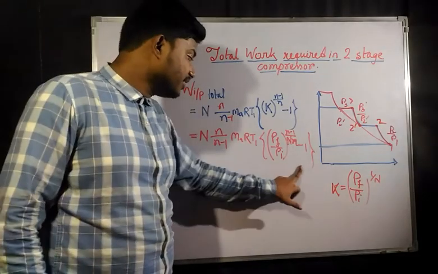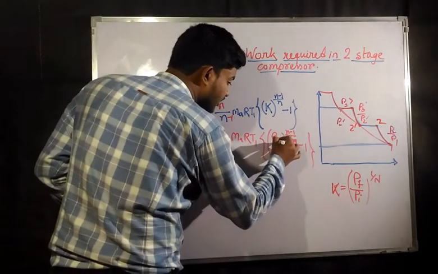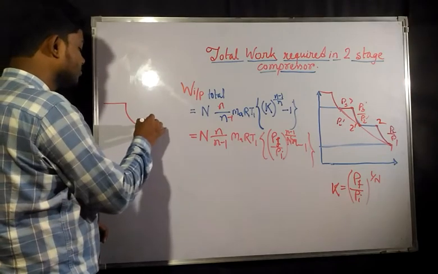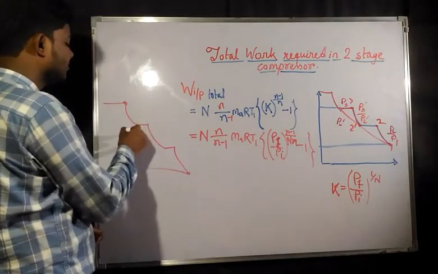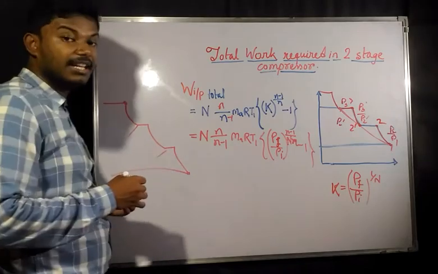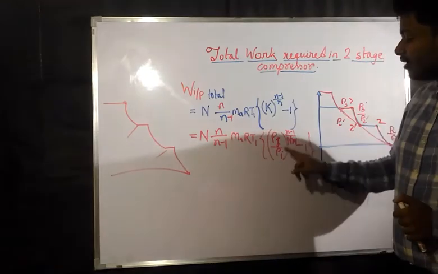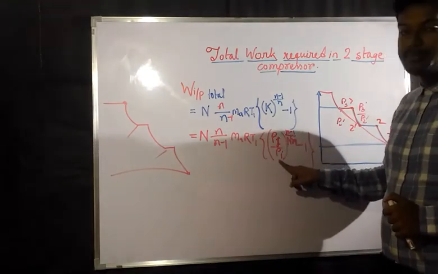Now what is the benefit of this? If in the question they have given the final pressure and the initial pressure, you don't need to find the intermediate pressures. You can directly put in the value of the final pressure and the value of the initial pressure.